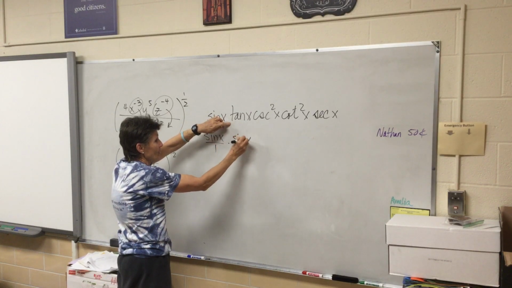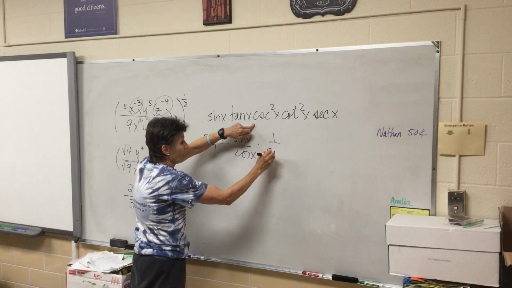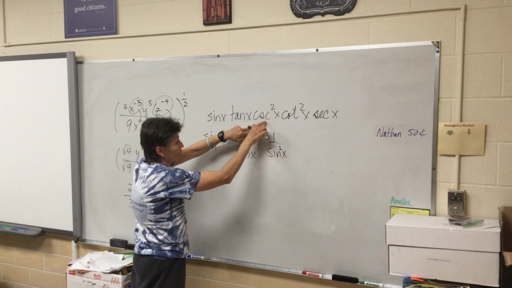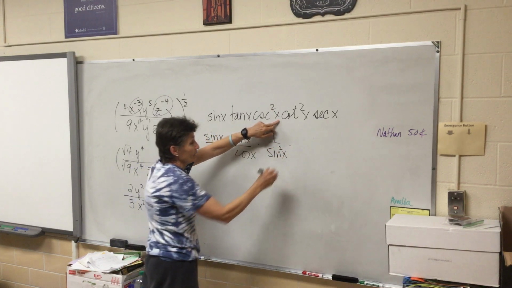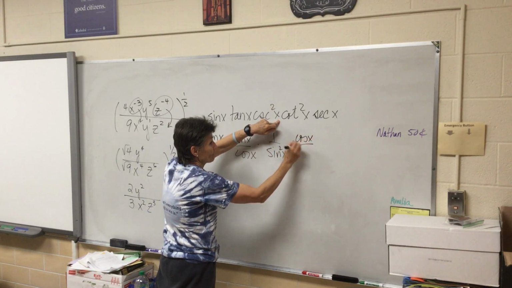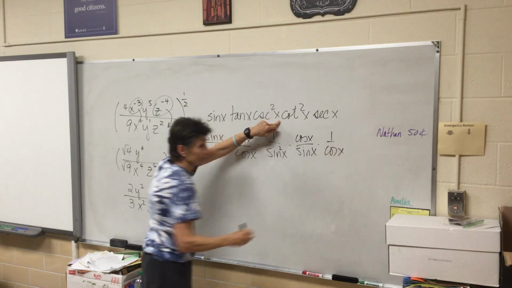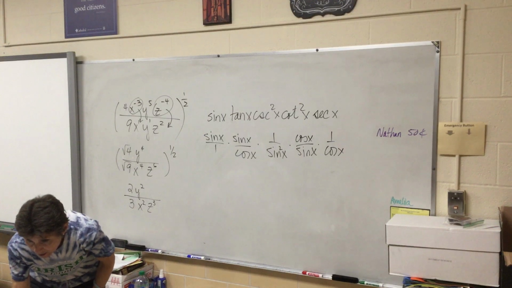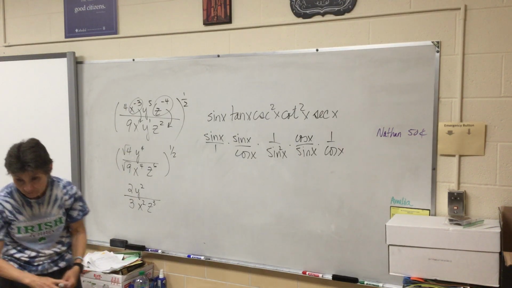Tangent is sine over cosine. Cosecant is 1 over sine, but it's squared because the cosecant squared, so it'll be 1 over sine squared. Cotangent is cosine over sine, and secant is 1 over cosine. So we have all of that in a big long line.